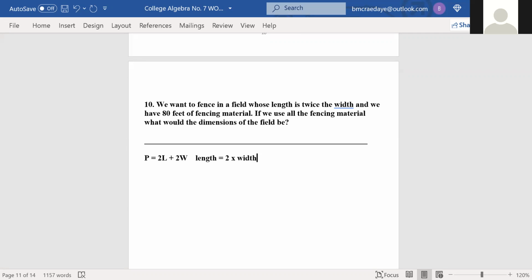That's what twice means. Length equals 2 times the width.